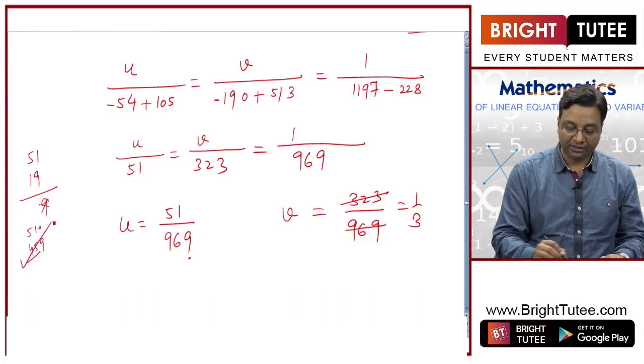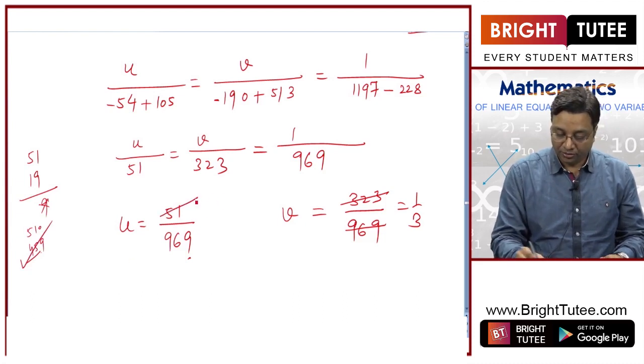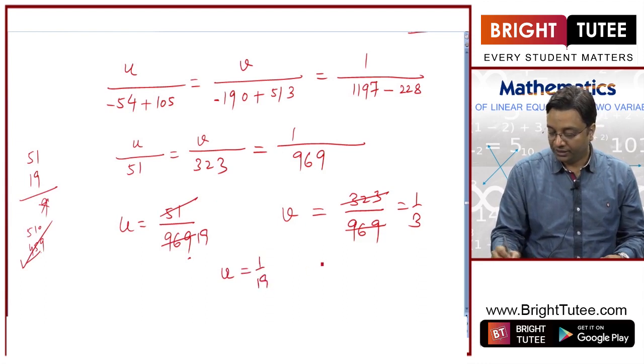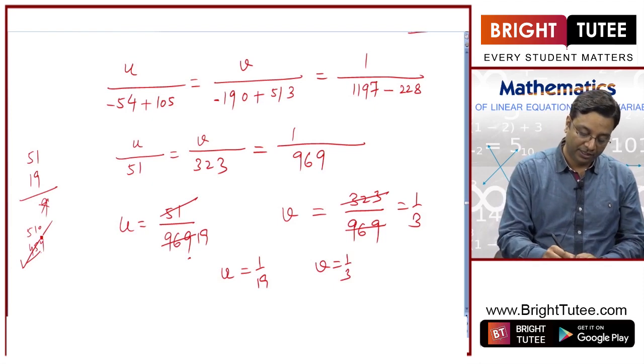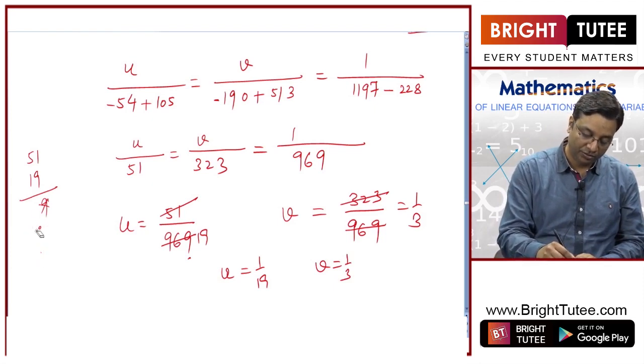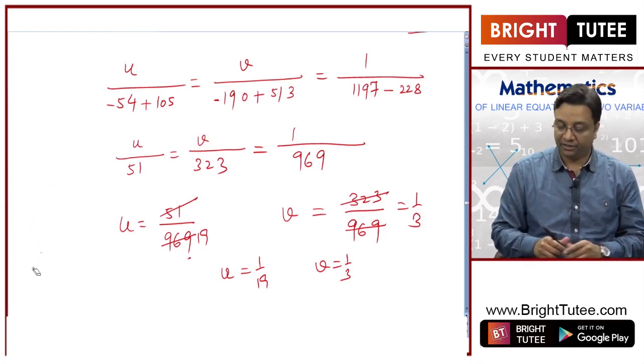Yes, it will give you 969. So it will give you 1 by 19 for u and v is 1 by 3.